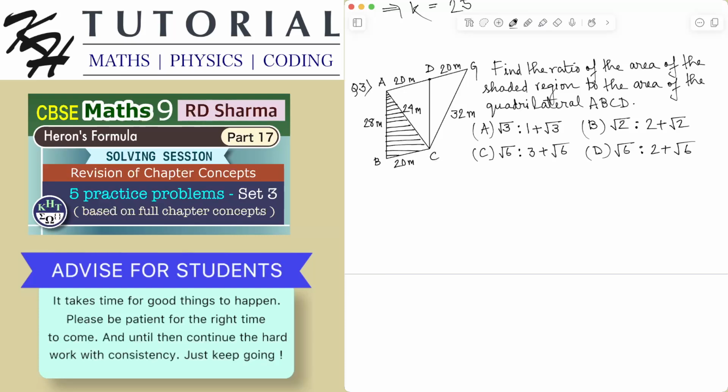We have to find the ratio of the area of the shaded region, which is triangle ABC, and the area of the quadrilateral ABCD.